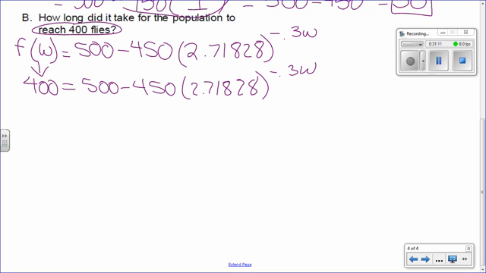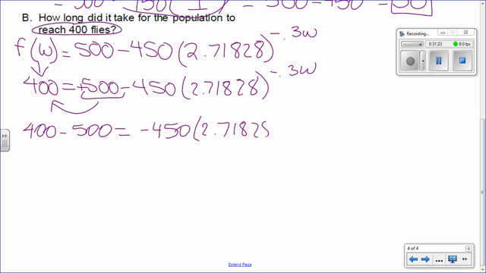Okay, and so first of all, this 500, which is adding, I'm going to take that across, and it will be subtracting. So 400 minus 500 is negative 100. Now, this 450 is multiplying to the 2.71, right?